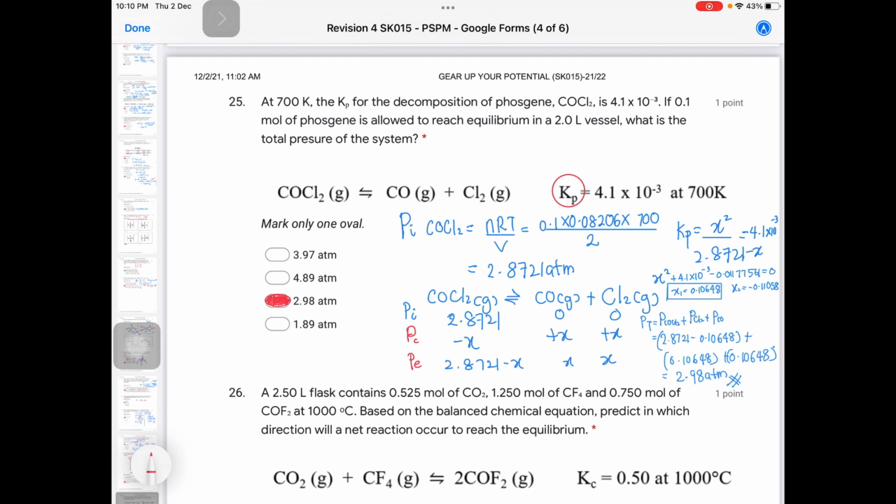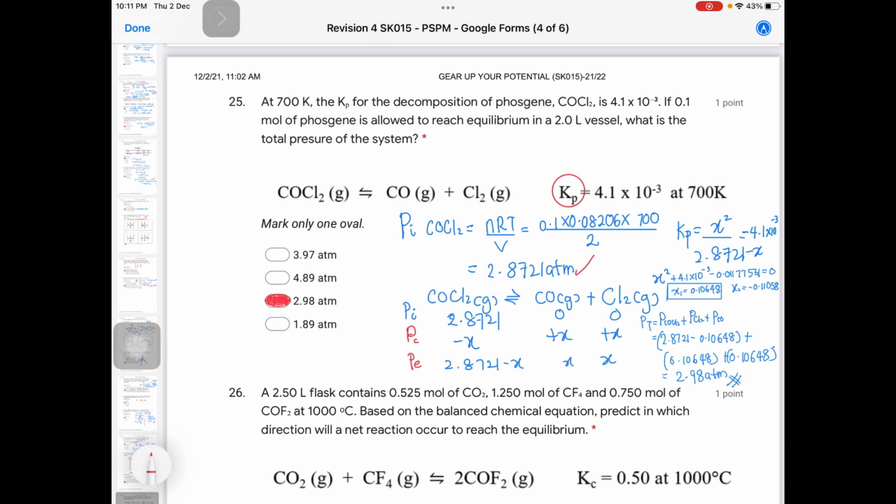So COCl2 produce CO plus Cl2 gas, which is initial pressure dia adalah 2.8721, which is kita dah kira kat atas ni tadi. So initially CO is 0, 0, and then change is minus x, plus x, plus x. P at equilibrium 2.8721 minus x, 0 plus x, 0 plus x, x.